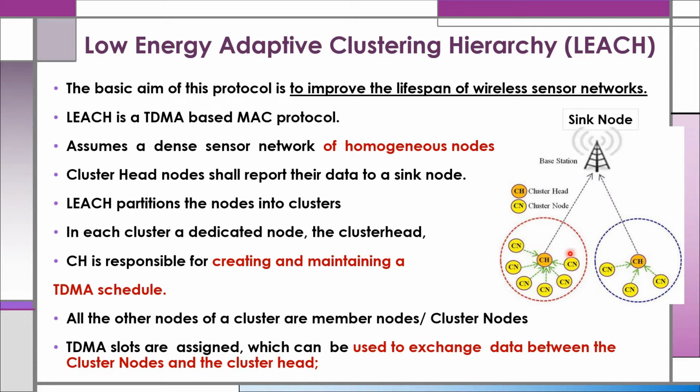This cluster head position will be circulated among the member nodes based on the residual energy available in that node. Also, every node present in this wireless sensor network, we are assuming it is a homogeneous network. That means each and every node has the same capability.